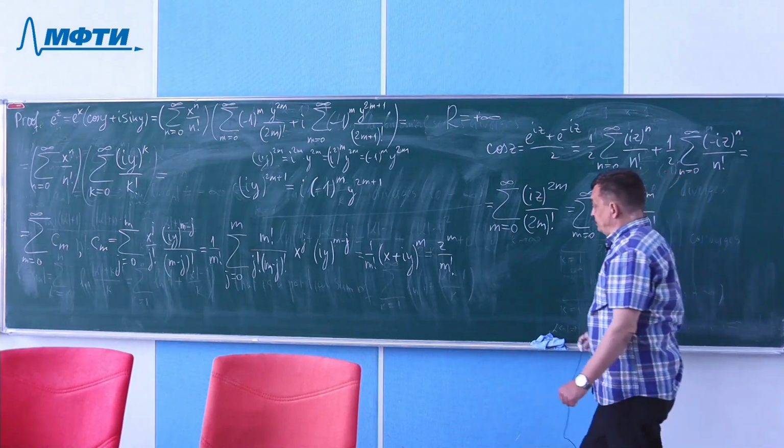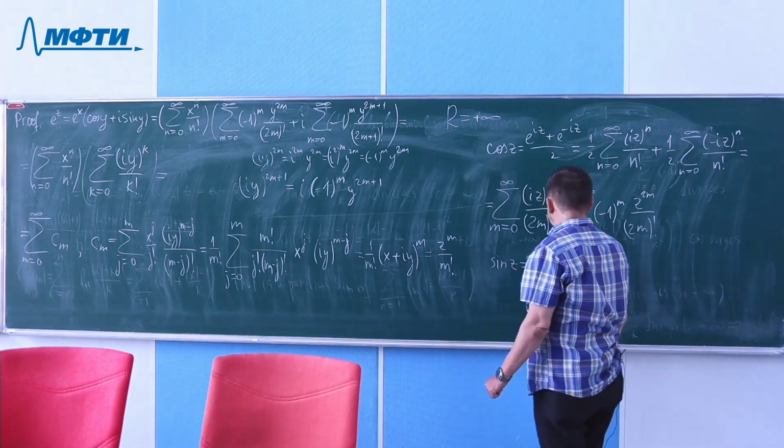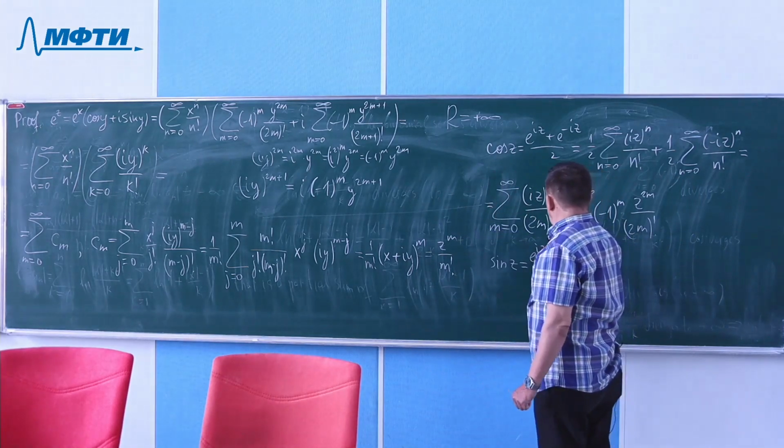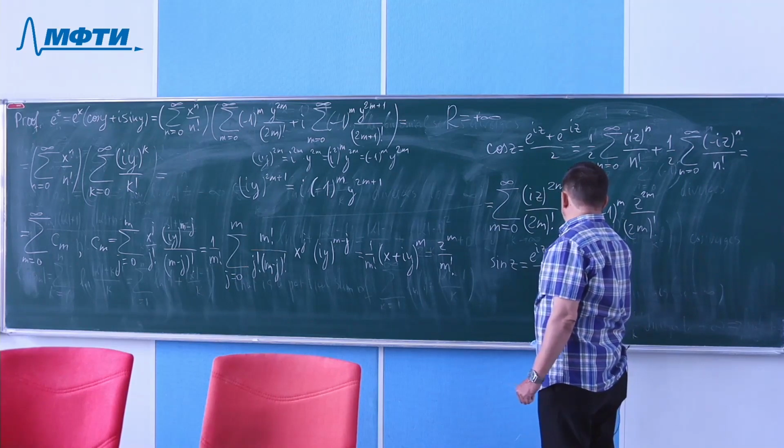And now the third one, for the sine z, e to the power iz minus e to the power minus iz over 2i.